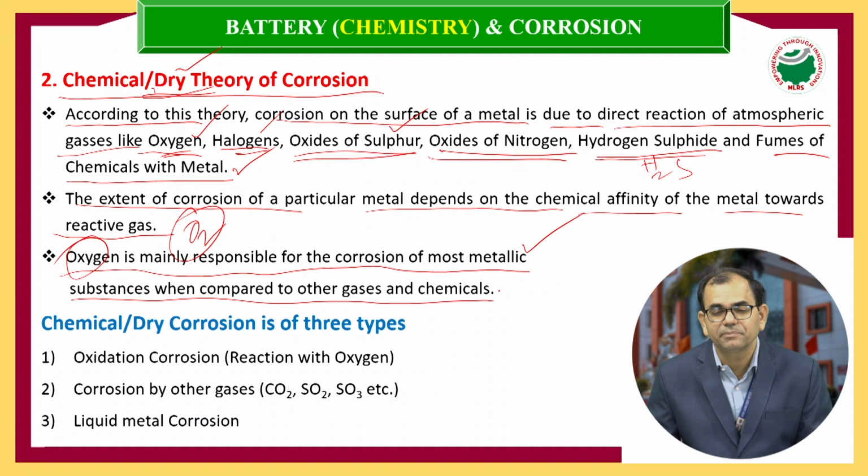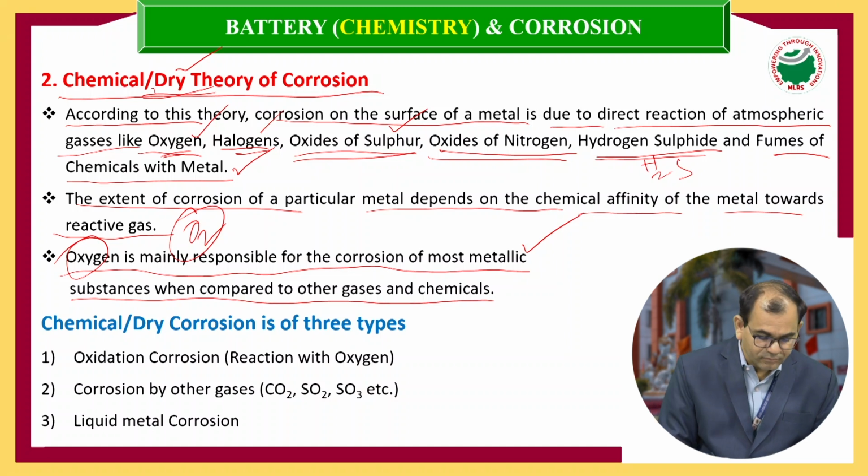For example, there is a metal exposed to chlorine gas and another metal exposed to direct atmospheric oxygen. Which one corrodes first? The metal in contact with oxygen will be corroded faster than the metal in contact with chlorine. Okay.